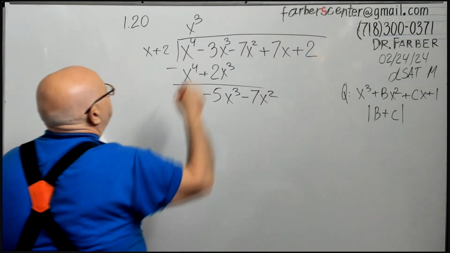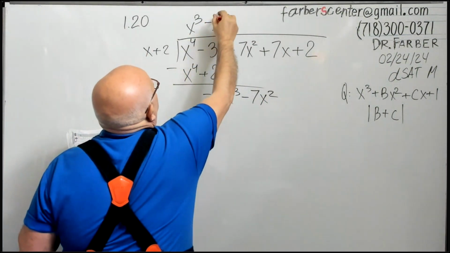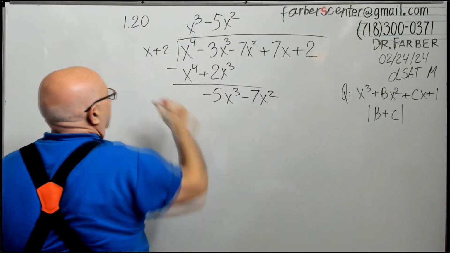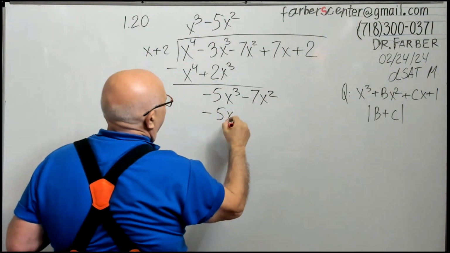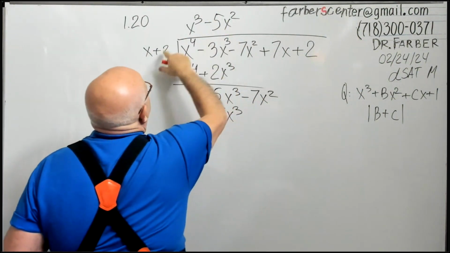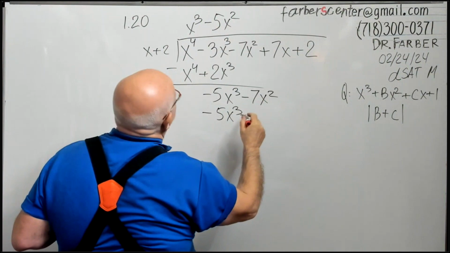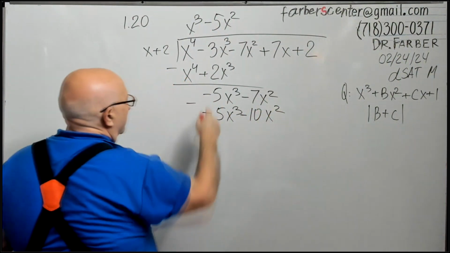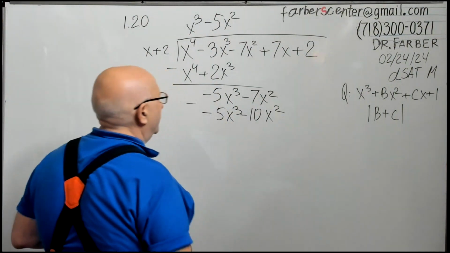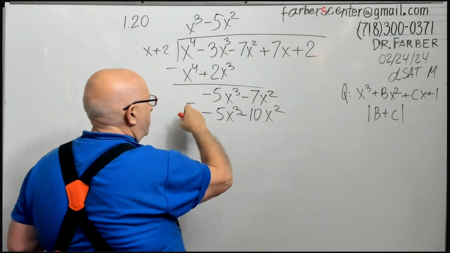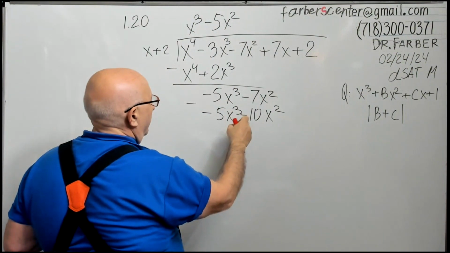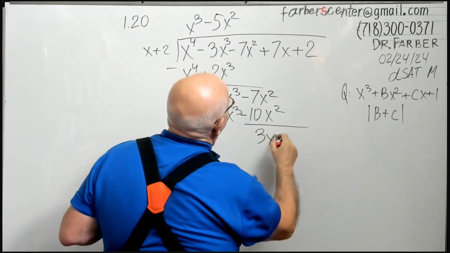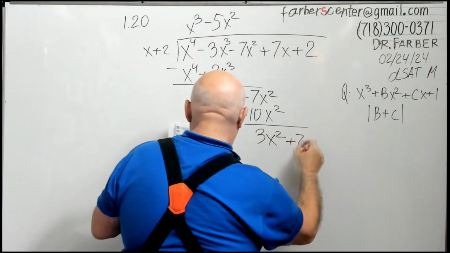Well, minus 5x squared. Negative 5x squared times x would be negative 5x cubed. Times 2, it would be negative 10x squared. Subtract. Cancel out. Negative 7 minus negative 10 is the same as plus 10. It would be 3x squared and plus 7x.